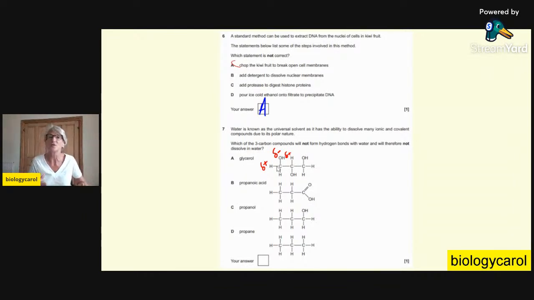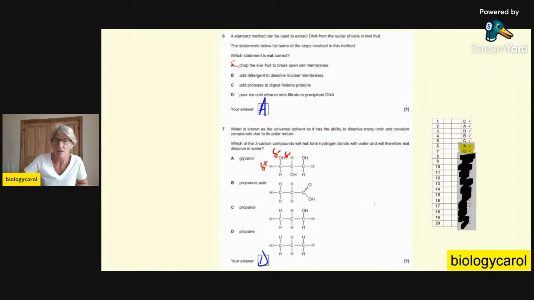There would be an unequal distribution of charge across the molecule, and that is the definition of a polar molecule. So the only molecule that doesn't have oxygen or nitrogen in it is the propane. So it's D. And here is the mark scheme.